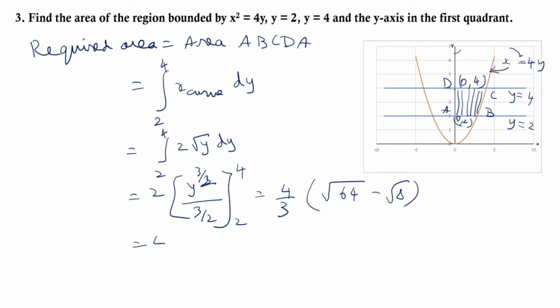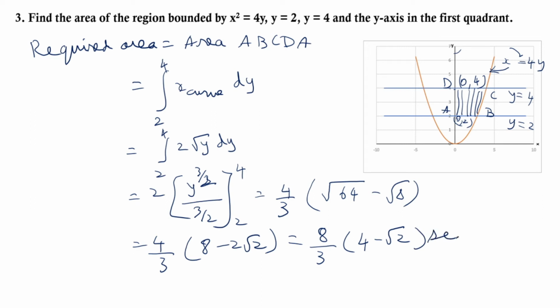So this is equal to 4 by 3 into 8 minus 2 root 2. Taking 2 outside, we get 8 by 3 into 4 minus root 2 square units. So we got the area of the region bounded by the curve and the corresponding lines.